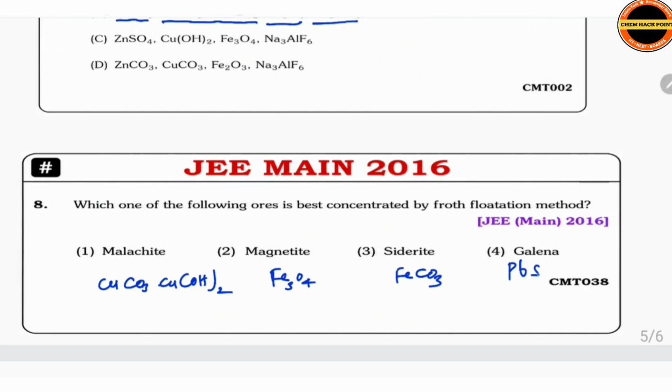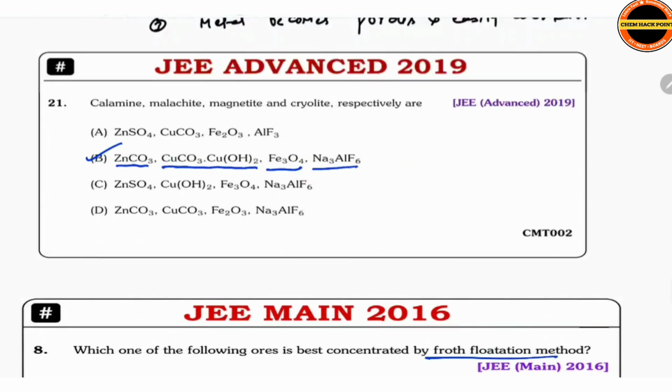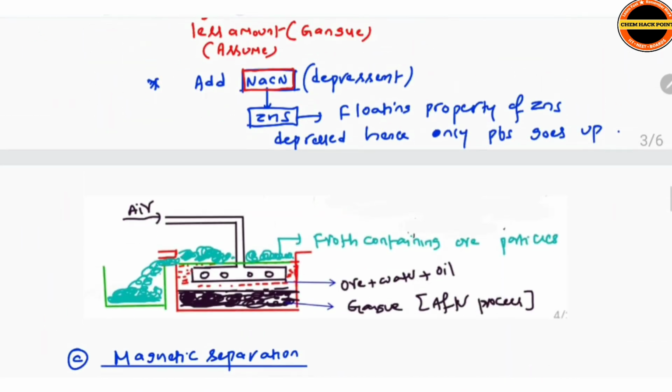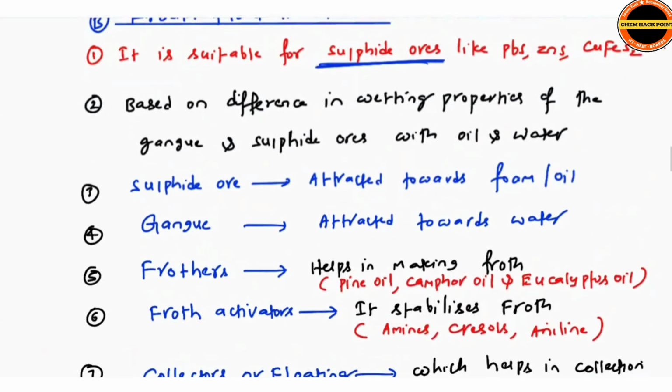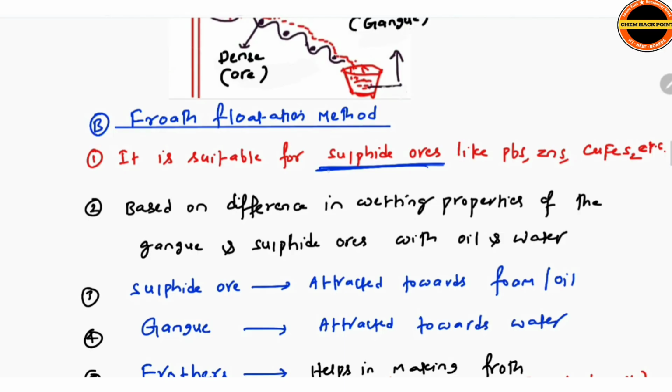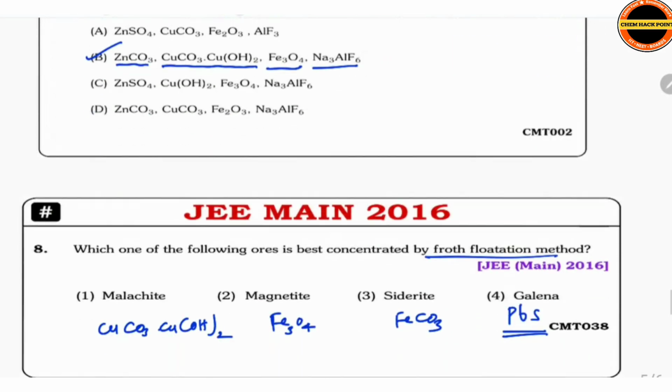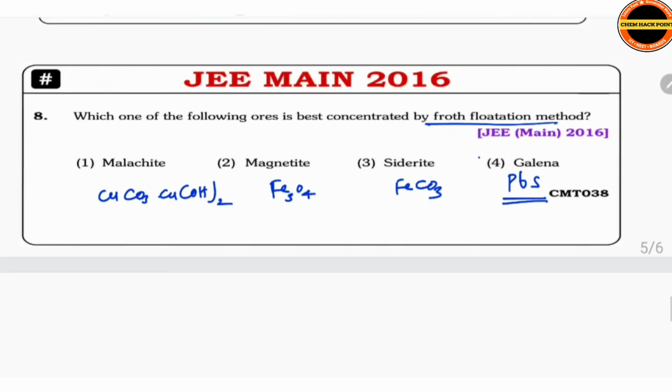Galena is PbS, and we know the important point we wrote here: froth flotation is used only for sulfide ores. So Galena PbS, a sulfide ore, is concentrated by the froth flotation method. For that you have to remember the list of ores I gave.